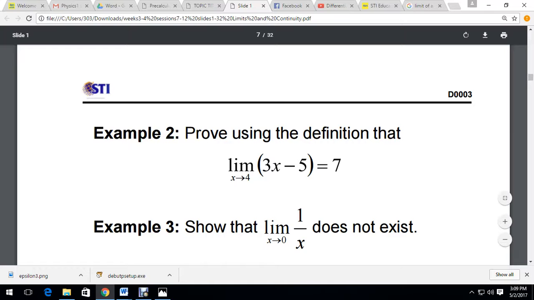If the limit exists, we could directly substitute the value of x in the form of the function and determine the limit using basic algebra. So that means we could find 3 times 4 equals 12, minus 5 gives us 7, and 7 would be the limit of this function.